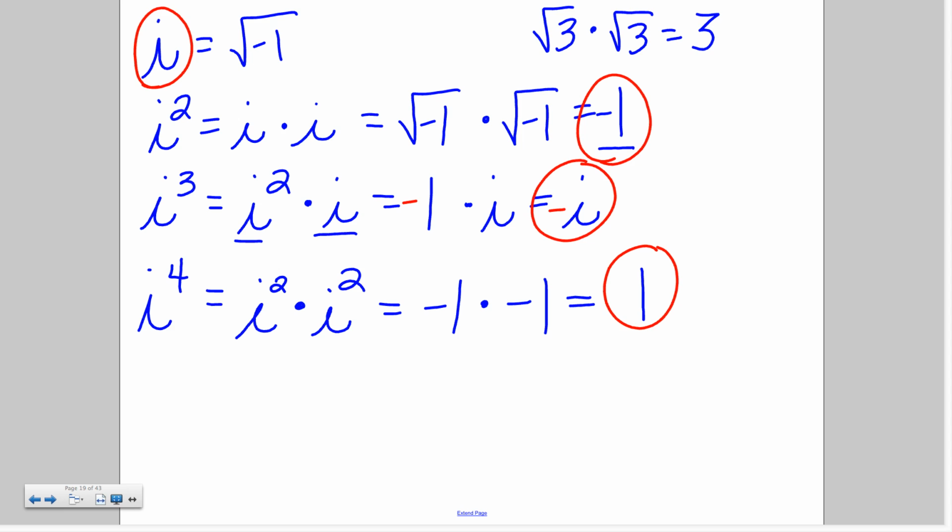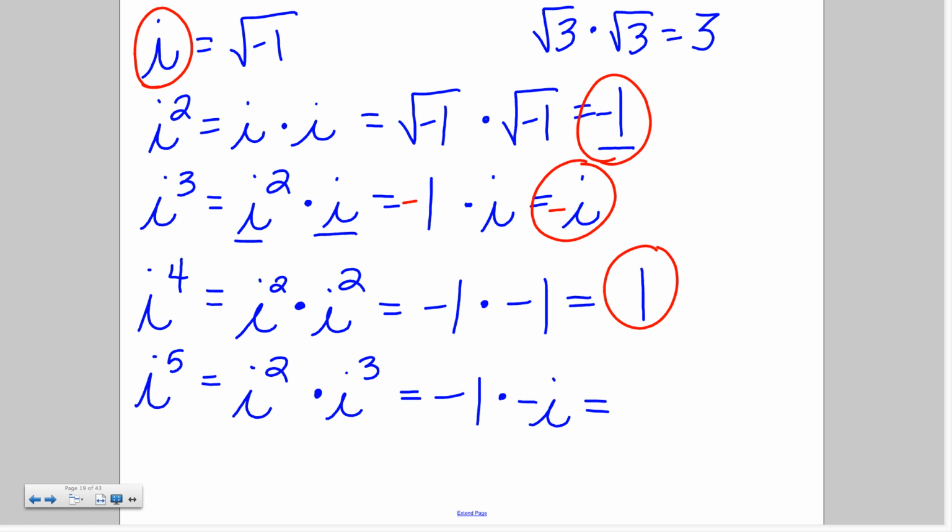Okay? We keep going. i to the fifth. I can break down i to the fifth as i squared times i cubed. Okay? i squared we figured out was negative 1. i cubed was negative i.